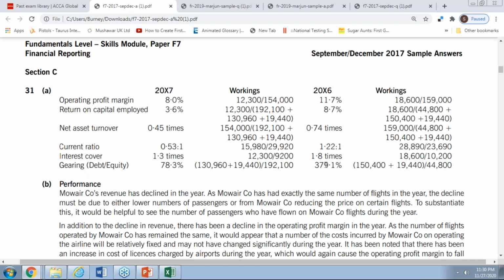Now the gearing. You can see here, previously we had 379.1% gearing, meaning the loan component was more than three times higher than the equity. But now it's 78.3%, which was due to the repayment of the loan, and there is a substantial gap in the debt equity.